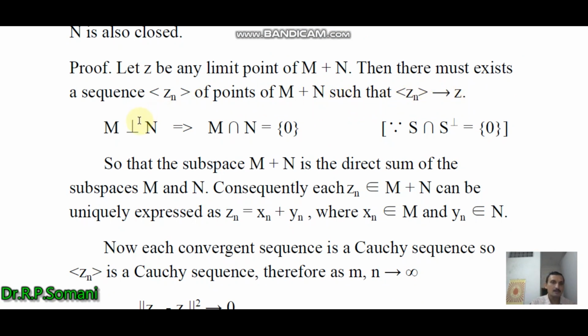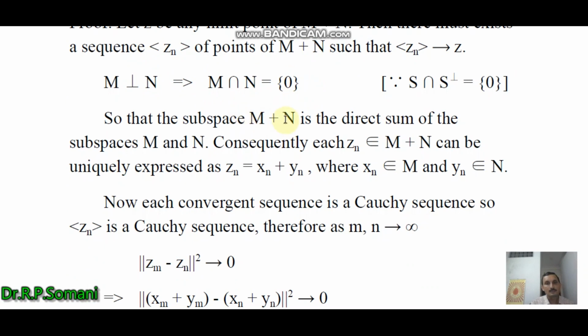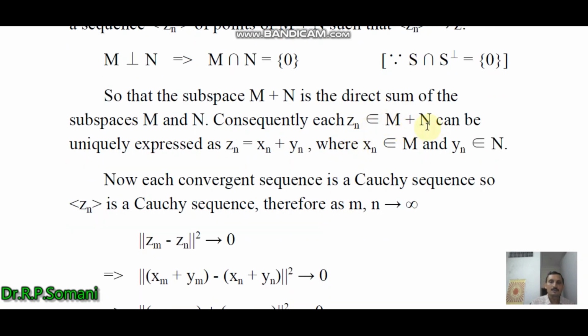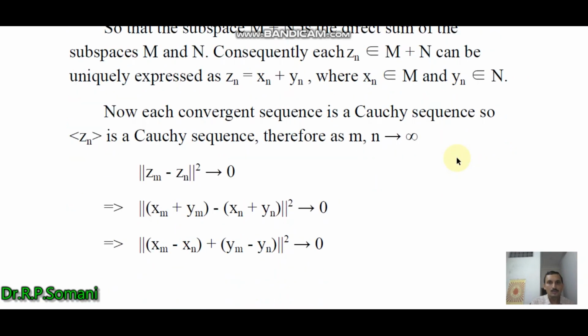Because M is orthogonal to N, therefore M intersection N equal to 0, so that the subspace M plus N is the direct sum of the subspaces M and N, and consequently each Zn belonging to M plus N can be uniquely expressed as Zn equal to Xn plus Yn, where Xn belongs to M and Yn belongs to N. Now each convergent sequence is a Cauchy sequence, so Zn is a Cauchy sequence.